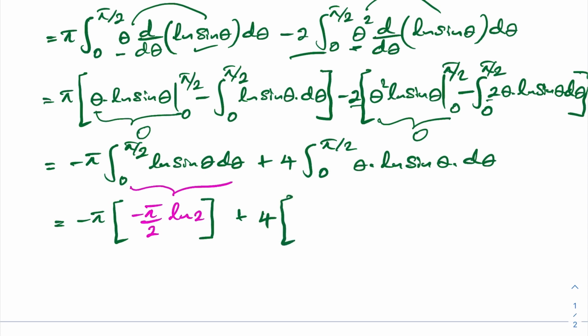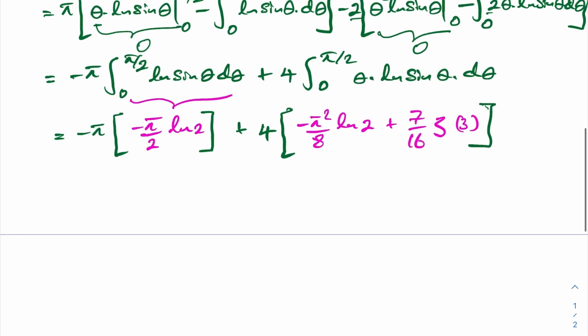I also solved this integral in a previous video. If you would like to watch that video, I will add the link in the description and also make a card. This is the answer for this integral: minus pi square over 8 natural log of 2 plus 7 over 16 zeta of 3.